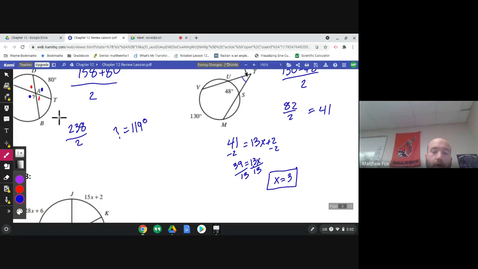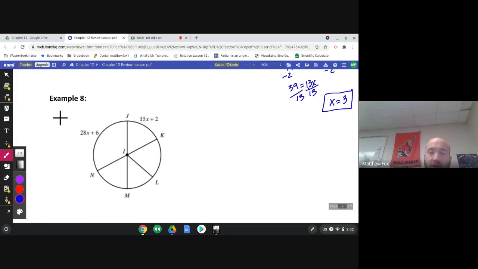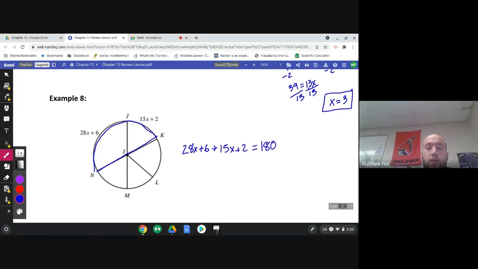All right, our final problem. There are numerous ways we could solve this. First thing I want to point out, though, I think the easiest way, in my opinion, is we have a diameter here. Cuts straight through the center, goes across. If that is the case, this means we have a semicircle, which is 180. So all we need to do, 28x plus 6 plus 15x plus 2, we add those two together, we will equal 180.